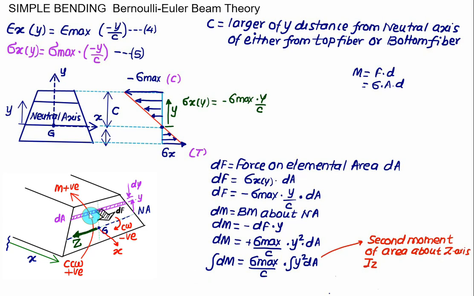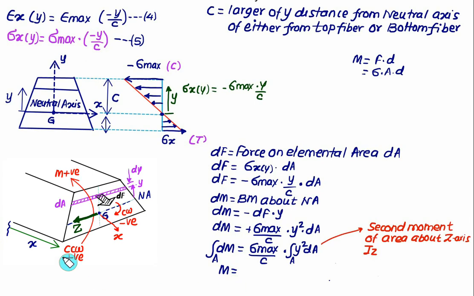So the generalized equation we write with the suffix a on the integral. So the total bending moment M, taking place about the z-axis, I will give the additional suffix as Mz, is equal to the maximum bending stress divided by the maximum distance c multiplied by Iz, where Iz is the second moment of area about the z-axis, or sometimes also called the moment of inertia.